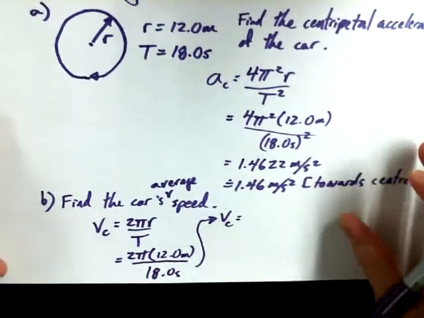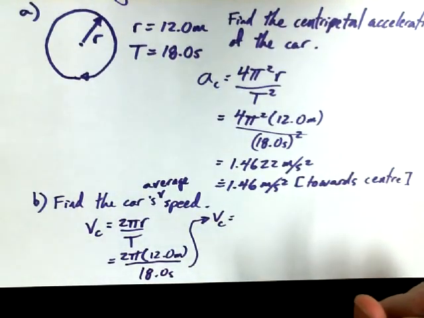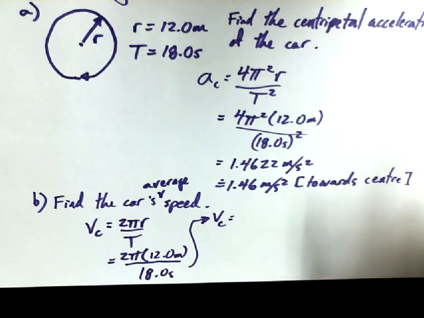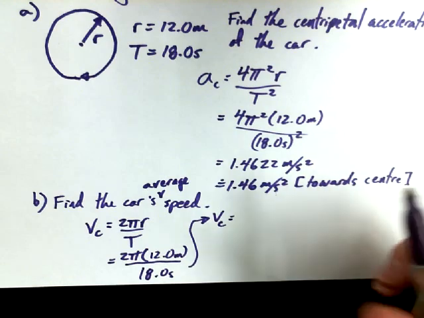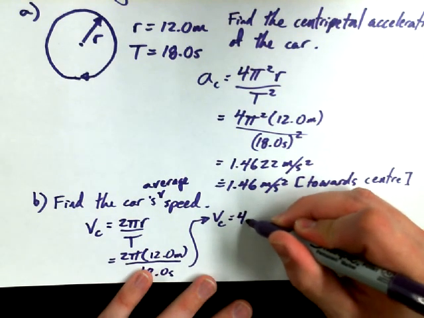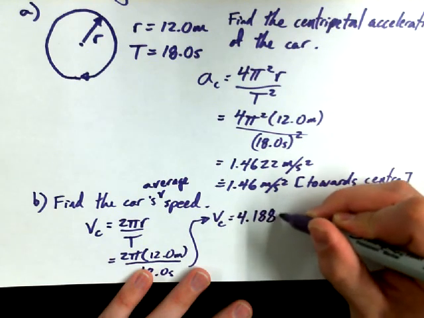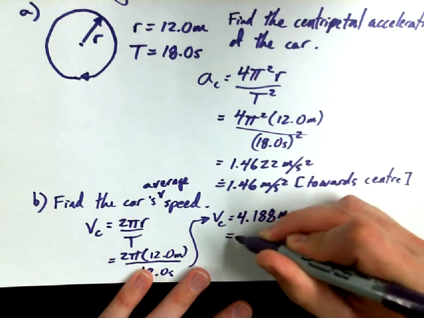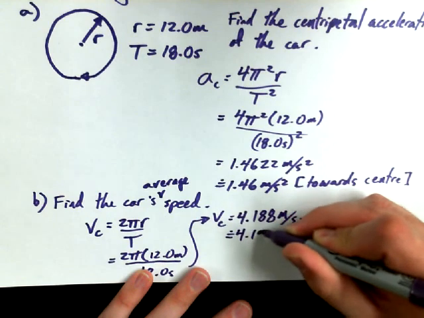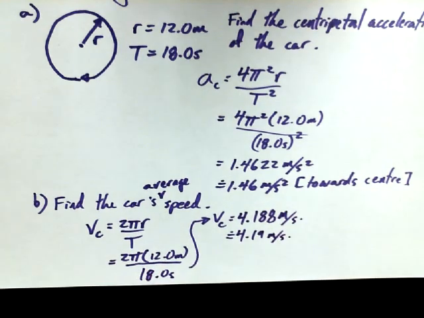VC is equal to, what do you get? 4.188. Anybody want to second that motion? Okay, motion carries. 4.188 meters per second. Now we could say approximately 4.19 meters per second.